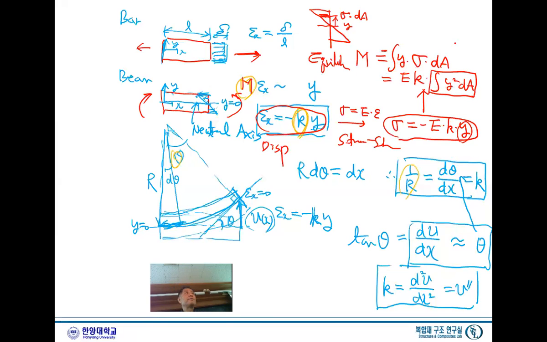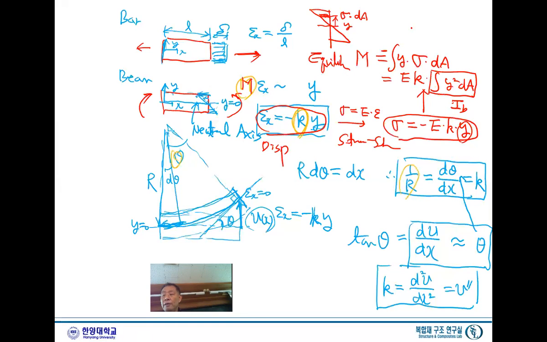What is it called? Moment of inertia. Yes, that is the moment of inertia. I will call it I, bending moment of inertia.